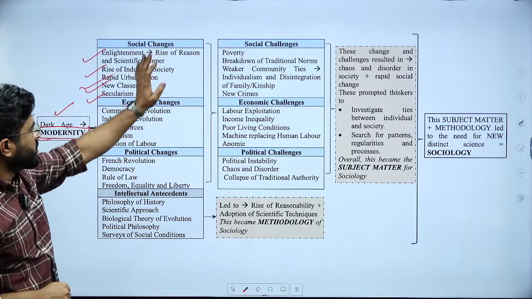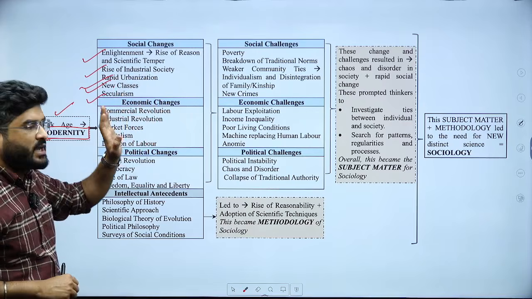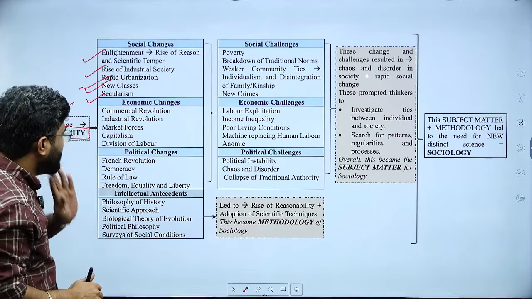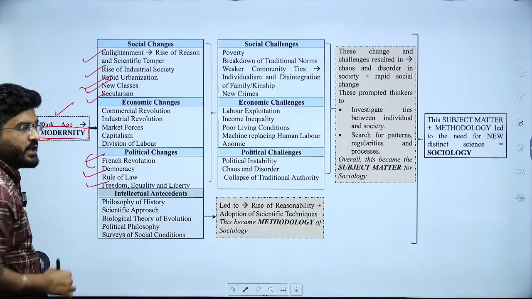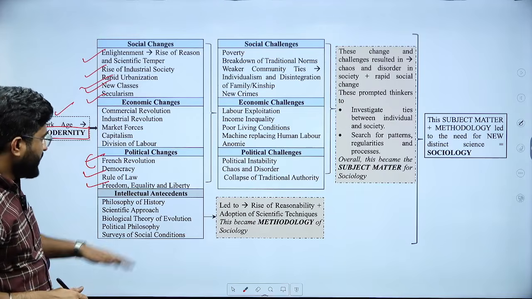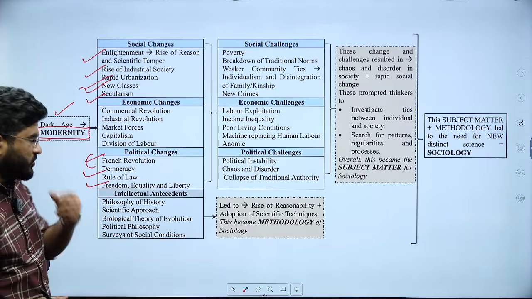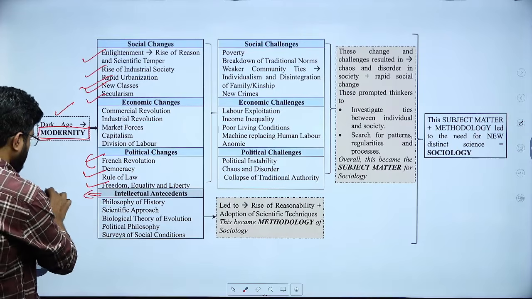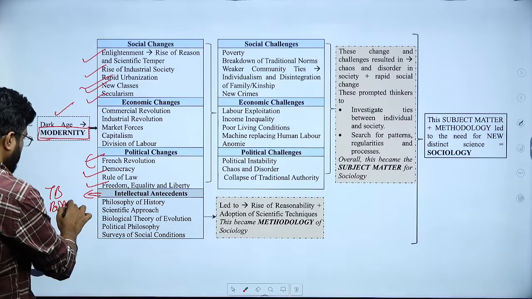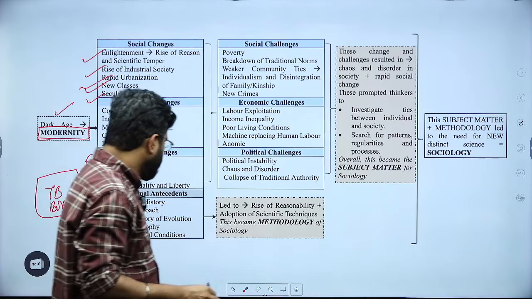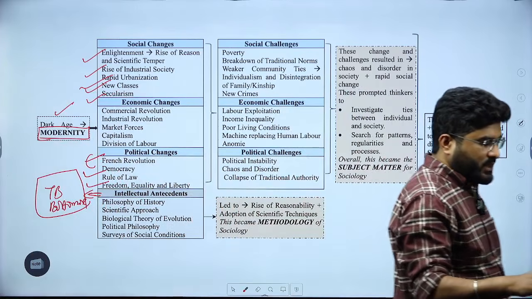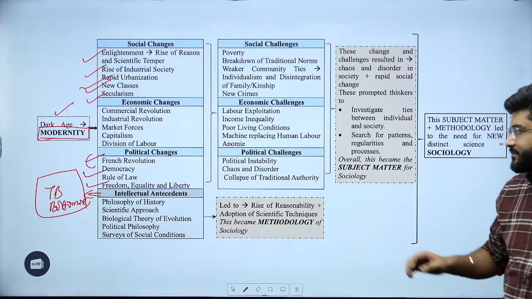Then economic changes: commercial revolution, industrial revolution, market forces, capitalism, division of labor. Political changes: French Revolution, which led to the rise of democracy, rule of law, freedom, equality, and liberty, and intellectual antecedents. This is highlighted by T.B. Bottomore.